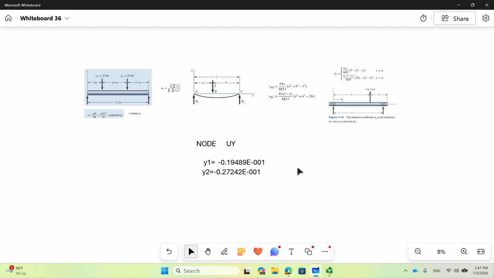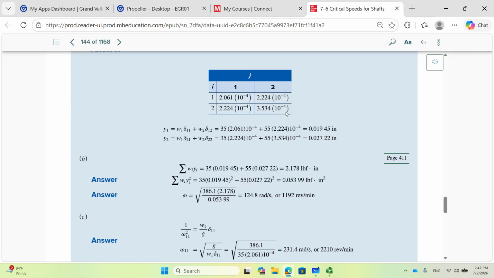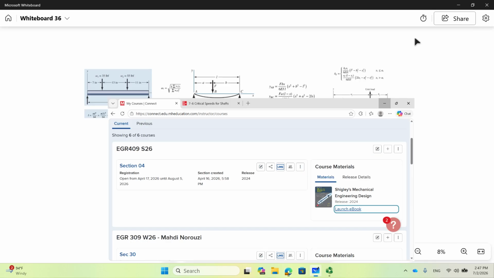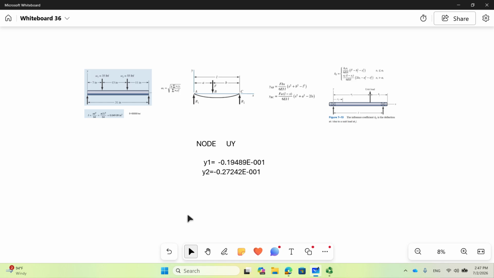So first, natural frequency. Alright, I don't need the answers now, so let me close this. Then come here and find our natural frequencies. I'm going to use this equation.